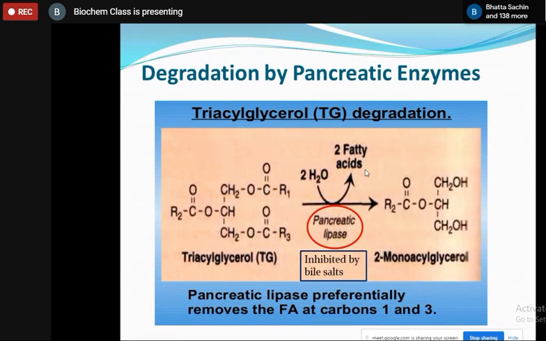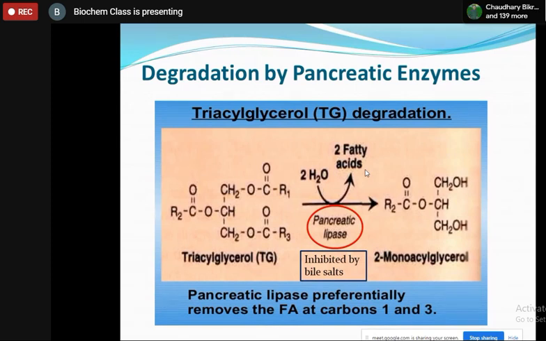This is necessary because triacylglycerol molecules are too large to be taken up efficiently by the mucosal cells of the intestinal villi.